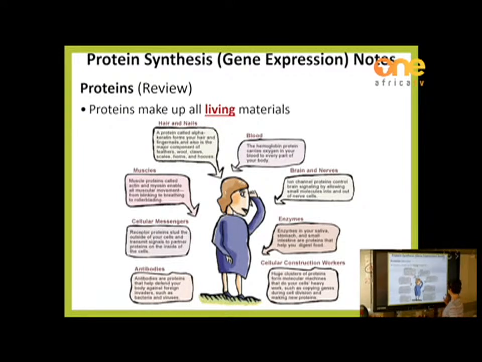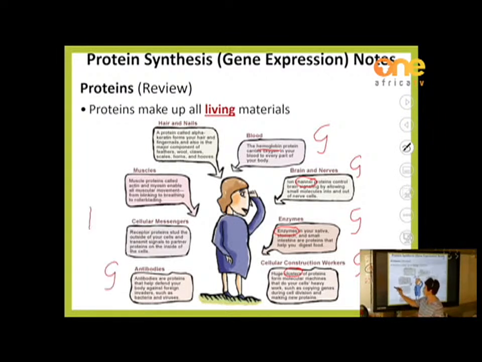And just to help us to remember, let's add hemoglobin, globular protein. So it's a spherical shape. The channel proteins, globular. Enzymes, globular protein. Clusters, globular protein. Antibodies or immunoglobulins, globular proteins.